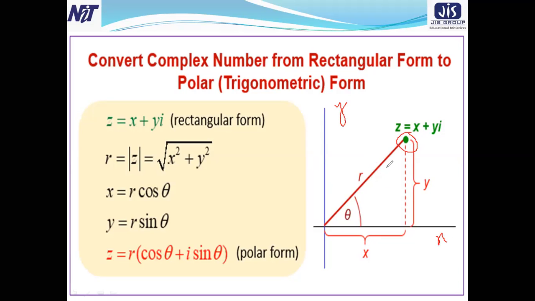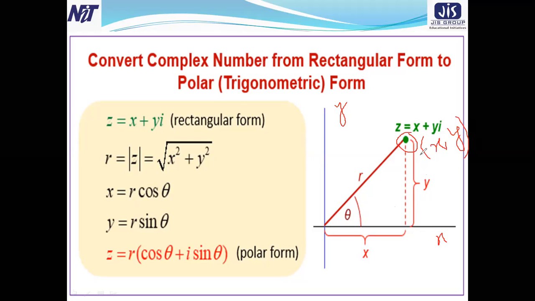The point is P. The distance of this point from the base is y. So if we consider the point as x comma y, from here it is y, and from here it is x.